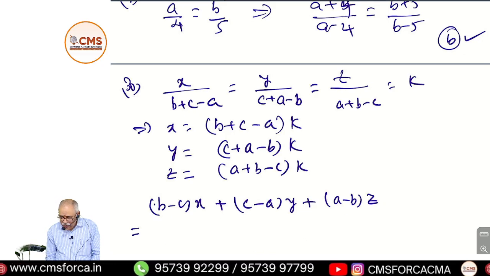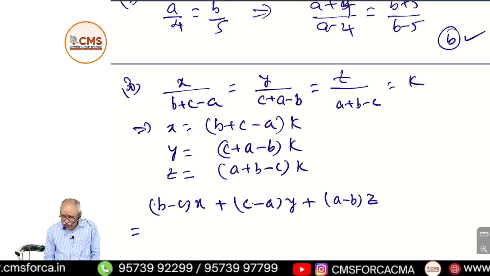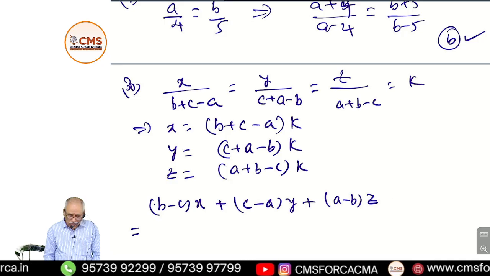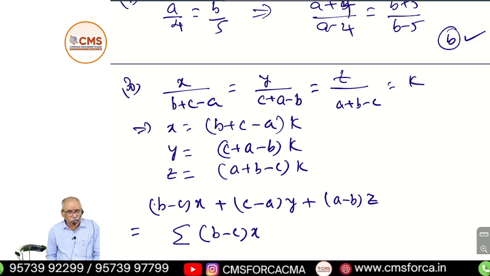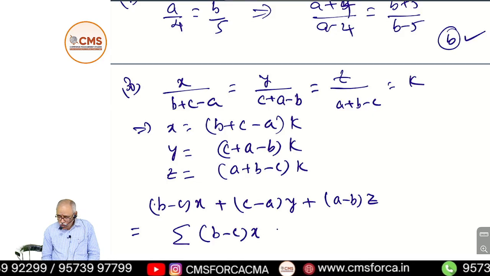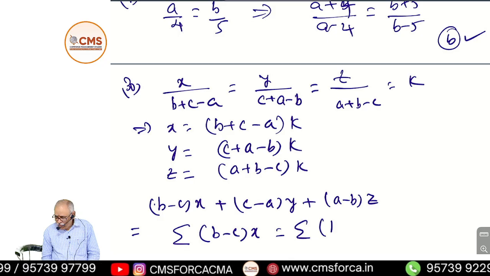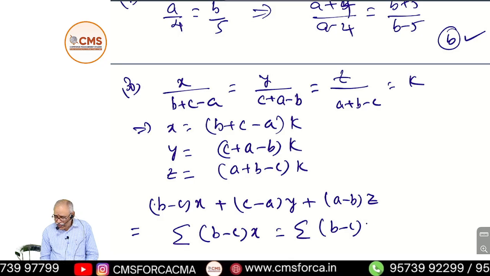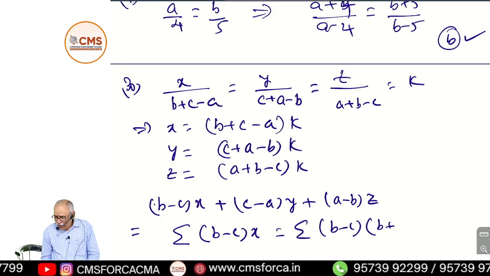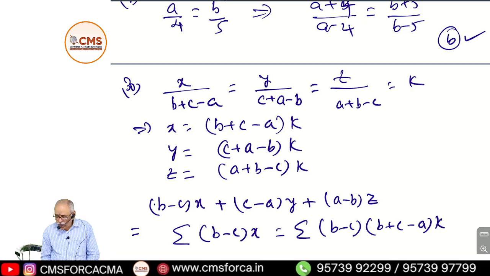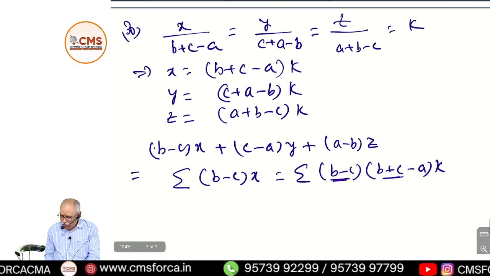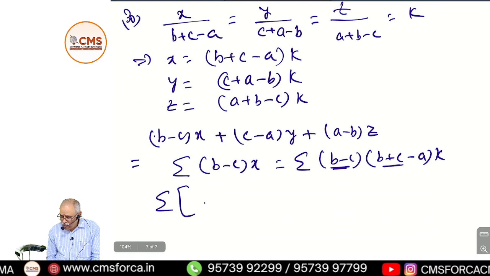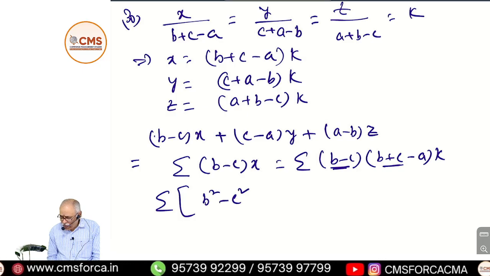I will write it as it is a cyclic order, B minus C, C minus A, A minus B. That is why I will write it as summation of B minus C into X. Okay? This is summation of B minus C into, what is X value? B plus C minus A into K. B minus C into B plus C, what is it? Summation of B square minus C square.